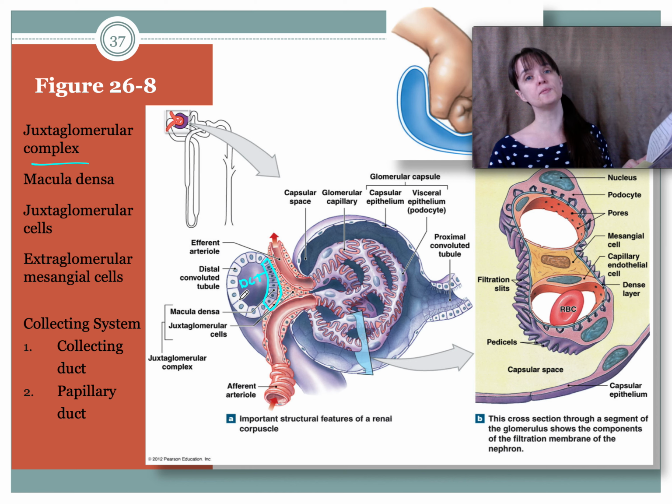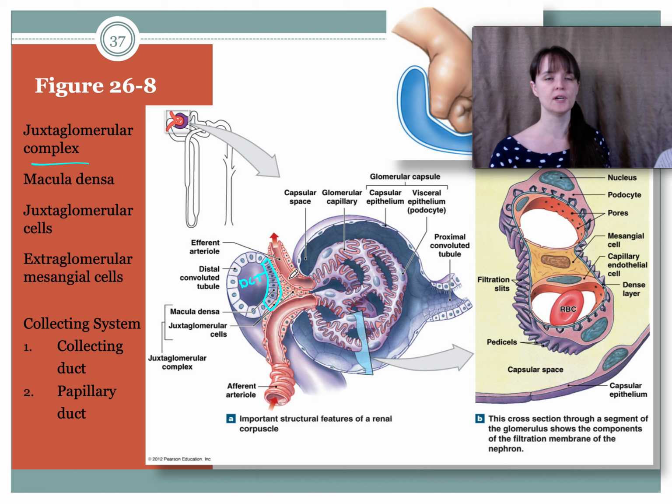Distal convoluted tubule always runs between the afferent arteriole and the efferent arteriole. I should have said that in the lab videos, but in case I didn't. DCT always runs between the afferent arteriole and the efferent arteriole because these macula densa cells face this hole. They're part of the juxtaglomerular complex.